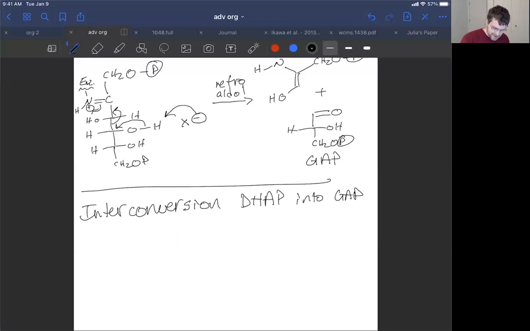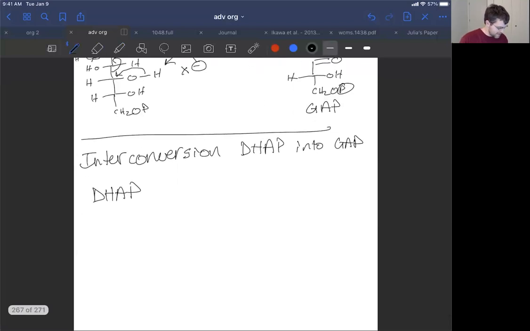All right, so what we're going to do is take DHAP and react it with an enzyme active site using pretty simple chemistry. You've got, let's label this COH. We're going to label this with some explicit hydrogens. That's connected to a ketone, which is connected to a CH2OP.